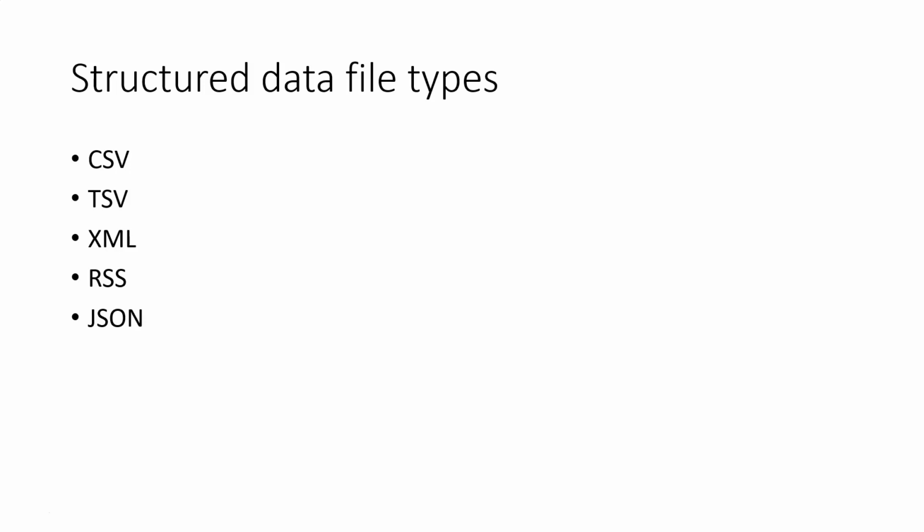This is another advantage of JSON: you can easily convert a JSON document into a JavaScript object or a JavaScript collection. This is a very powerful feature of JSON. That is why JSON is really very popular.